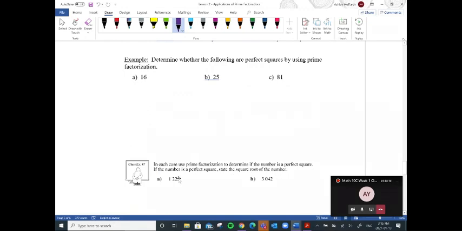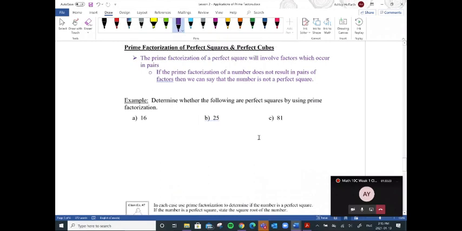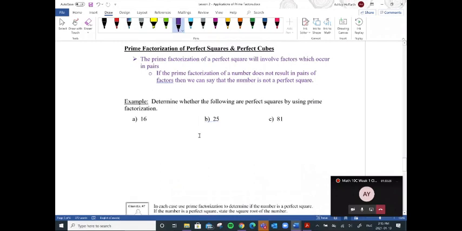What you can do is use prime factorization again. In order for a number to be a perfect square with prime factorization, all of the prime numbers must exist in perfect pairs once I prime factor it. And again, it doesn't really make sense until you see it in action. So let me show you here with 16.